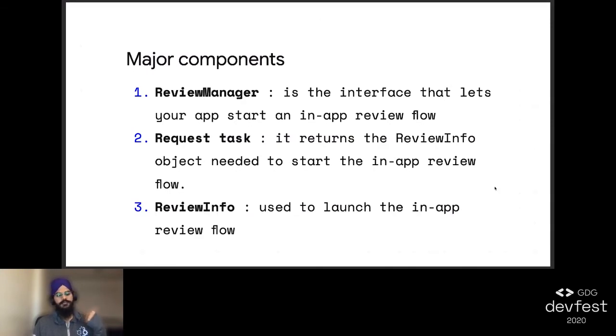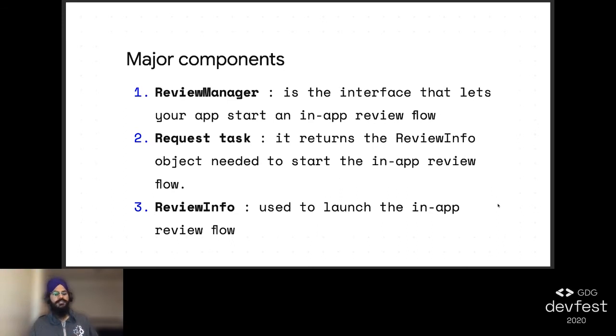The request task is asynchronous by the API, so we don't need to care. You can launch it from the main thread, but the API will handle how to get the information for us. Basically, the review info object gets the user information from the Play Store, because when you launch the final step, the review flow, in that UI we show the user details like their image and their name, and all those details are fetched from the Play Store, and the request task is doing that for us.